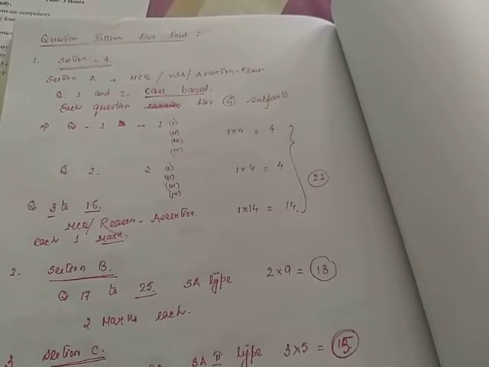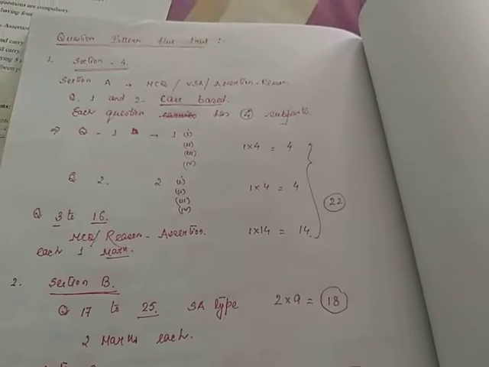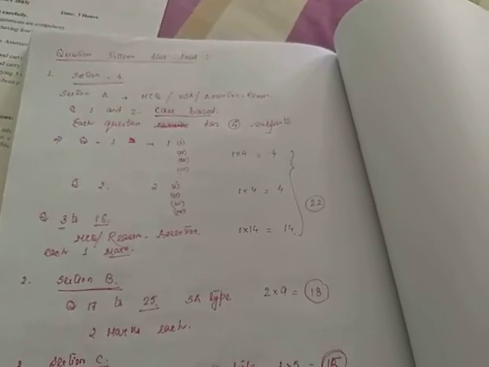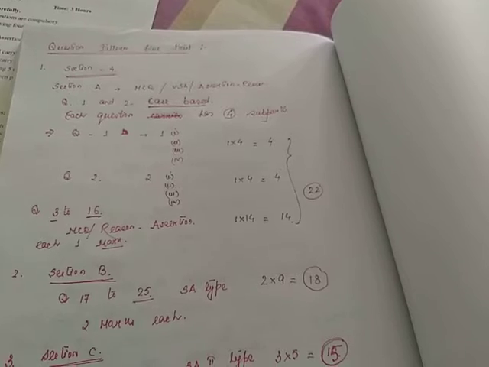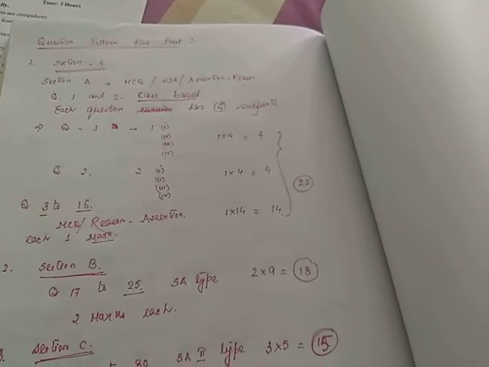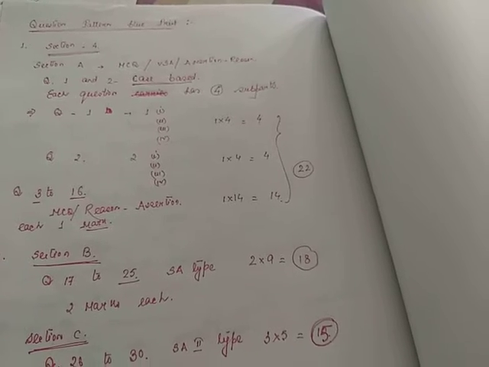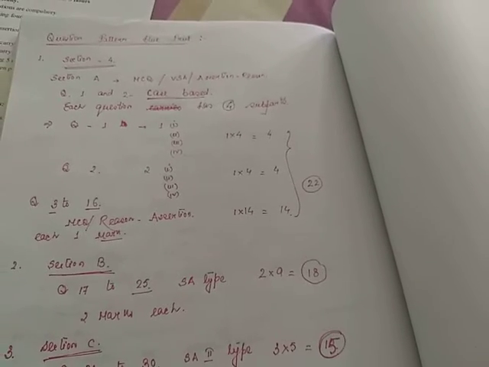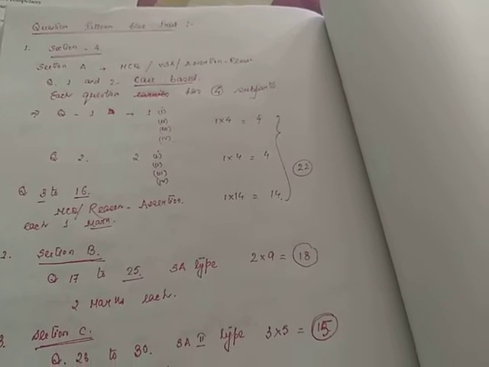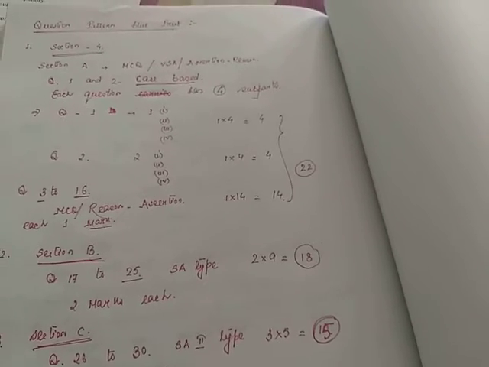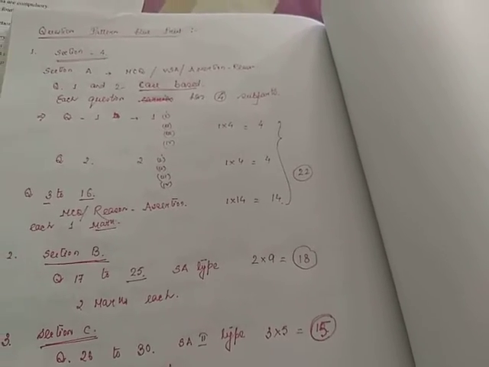You have the final examination from 25th of February. Your question pattern will be of this type only. This is based on the 2020 sample question paper and the marking scheme proposed by CBSE.